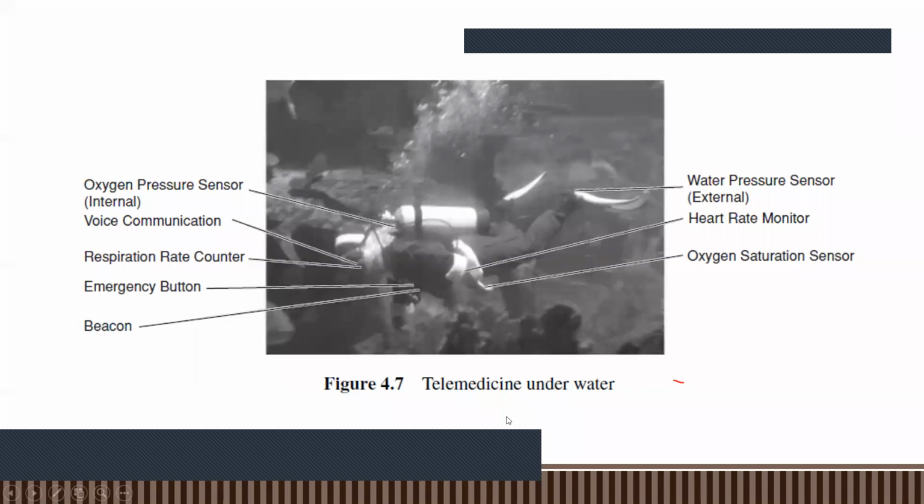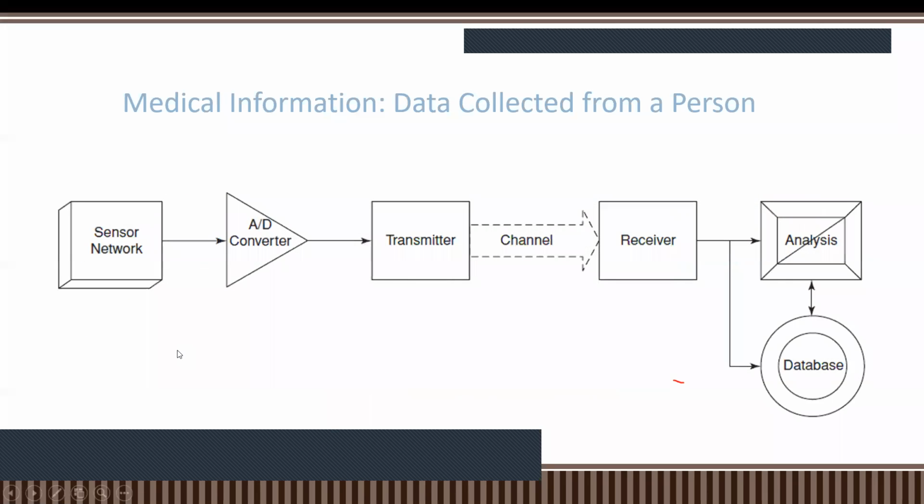Similarly, we have gone through the use of different sensors underwater. There are different types of sensors and modes of communication suggested in this diagram. I remember there was a question on beacon in the last session. Now this is the process when we gather medical information from a sensor network, and there is a need to convert the information from analog to digital.